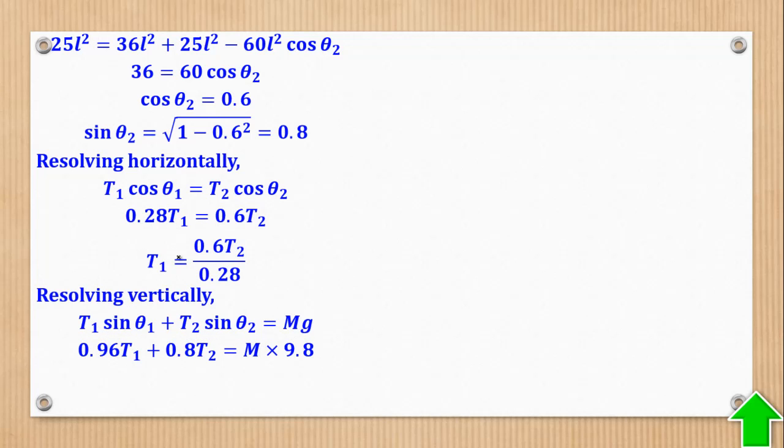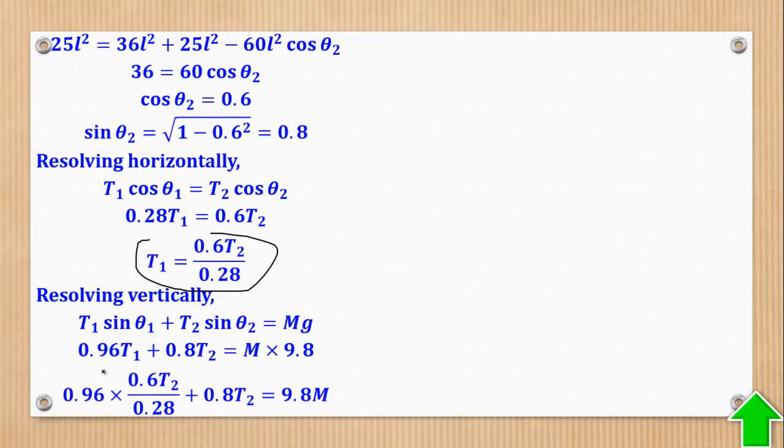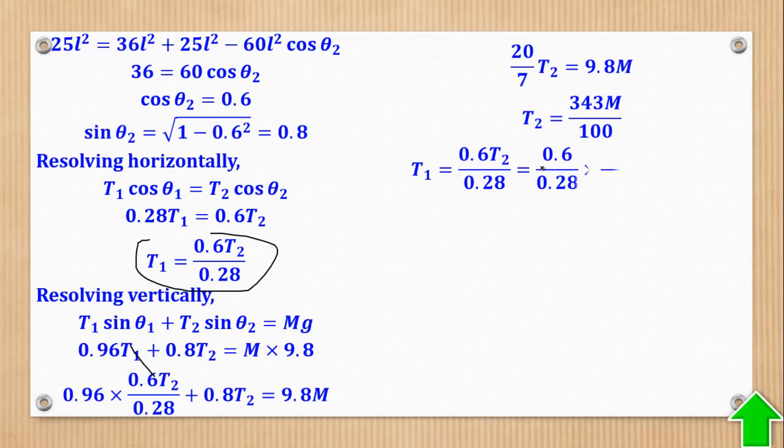But we know that T1 is this. So come and substitute for T1. Then collect like terms and get the value of T. Then the value of T1 will also be this. So M will be left in the question.